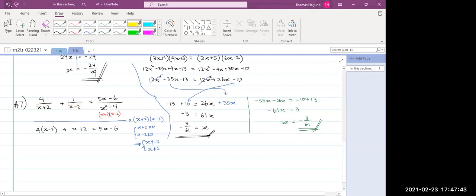So I have 4x minus 8 plus x plus 2 equals 5x minus 6. I get 5x minus 6 on the left-hand side, 5x minus 6 on the right-hand side. Cancel this, cancel that. I get 0 equals 0, which is an identity.